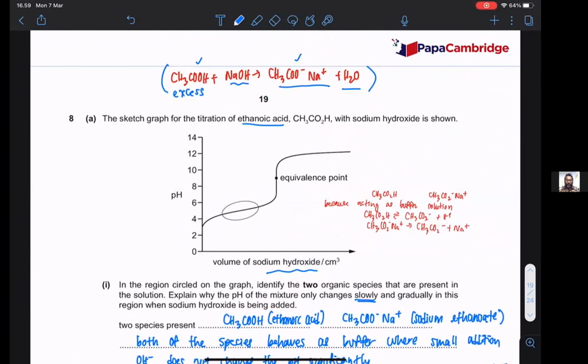But if you want to explain further, do remember, as you react, you are going to form CH3COO minus Na plus, and then there is water.